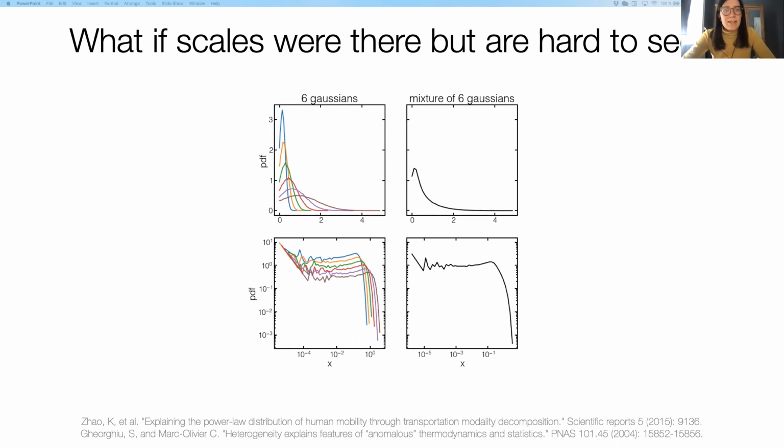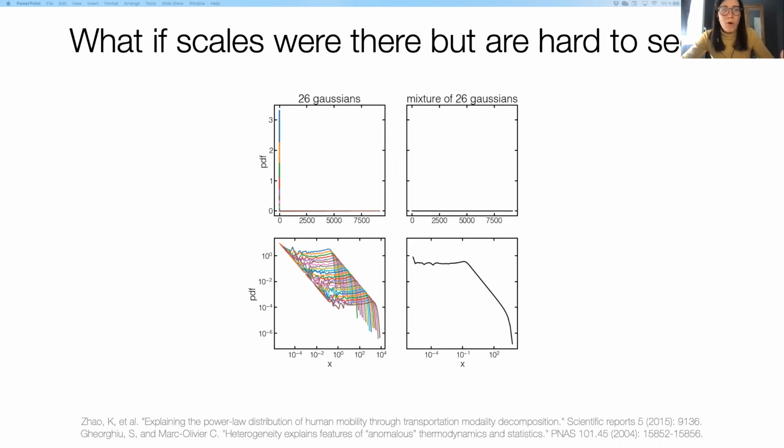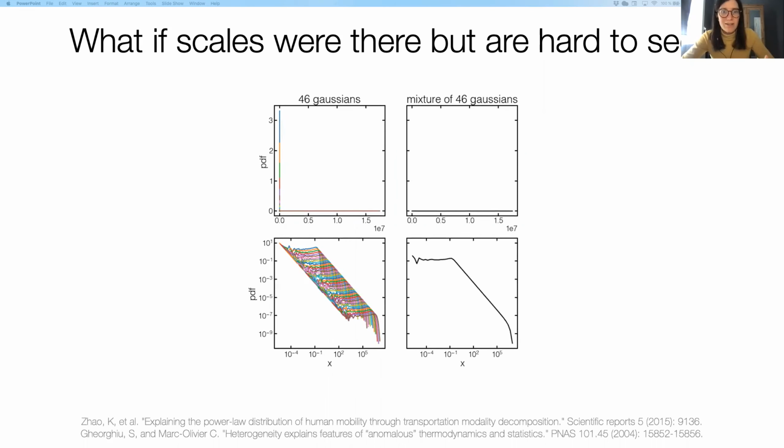And now let's plot this in logarithmic scale, and let's keep adding more and more Gaussians. All of a sudden, we see a power law distribution appearing. So what is happening here is that by simply putting together distributions with different characteristic scales, and computing the joint probability distributions, we end up having power law distributions appearing.